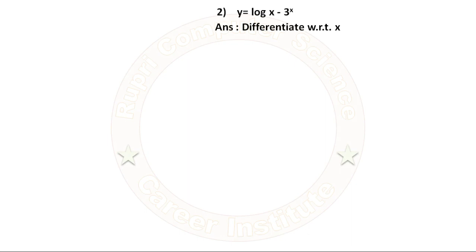Dy upon dx is equal to d upon dx of log x minus 3 raised to x. Now see, this is a function in the form u minus v.